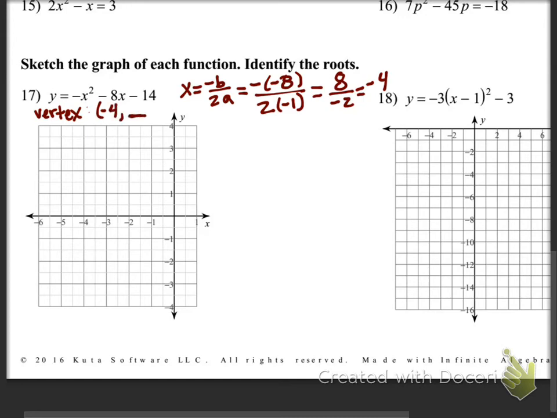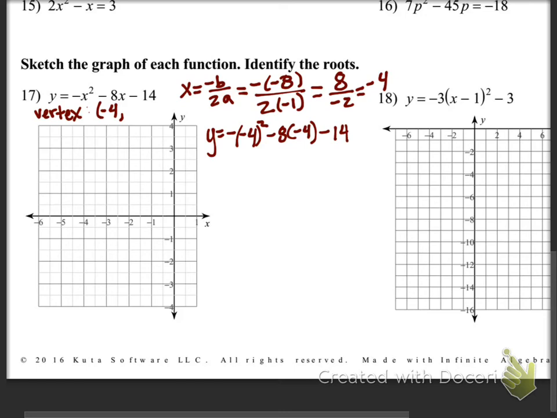That tells me that my vertex has an x-coordinate of negative 4. To find the y, I need to plug this negative 4 into this equation. Okay, so I'll do y equals negative times negative 4 squared minus 8 times negative 4 minus 14.